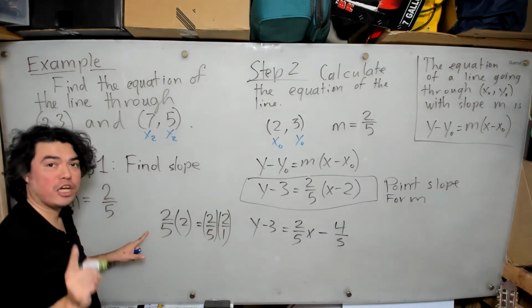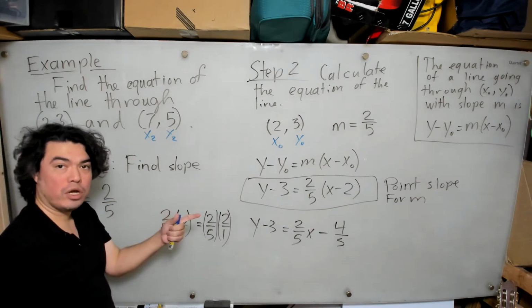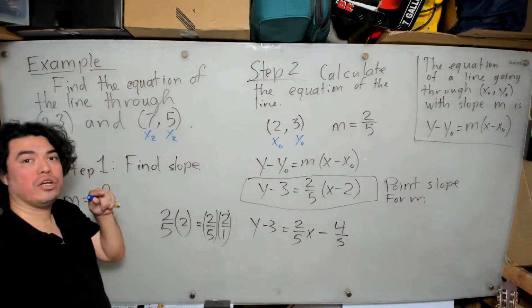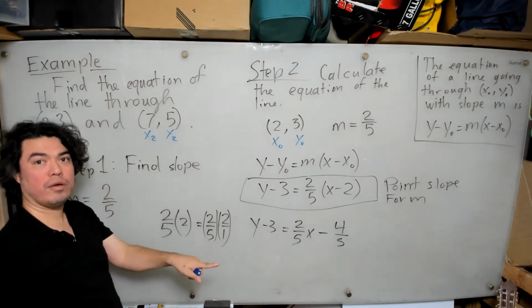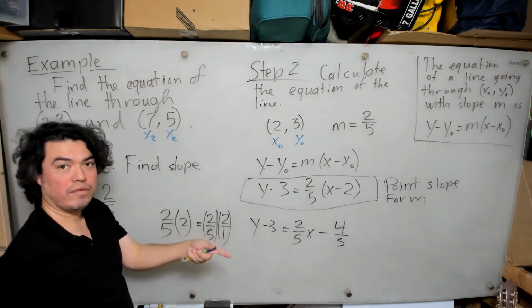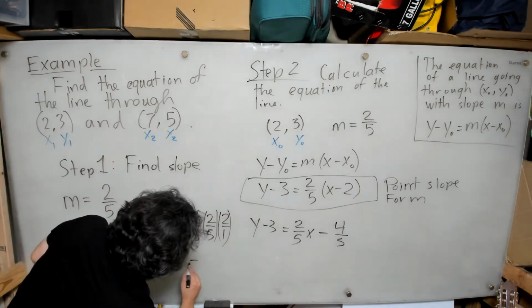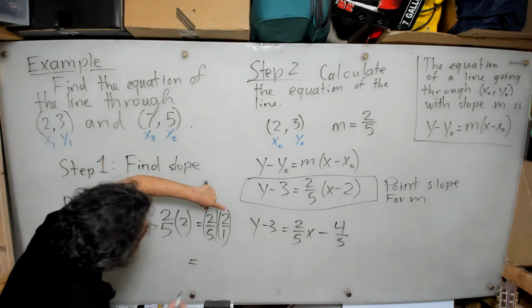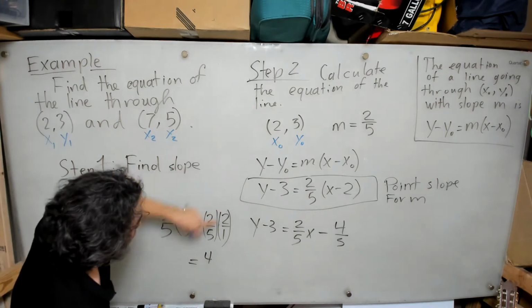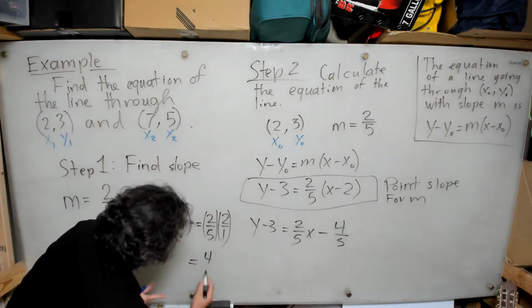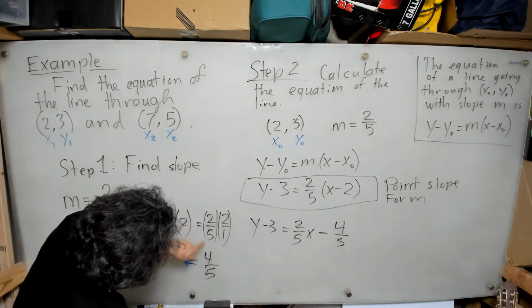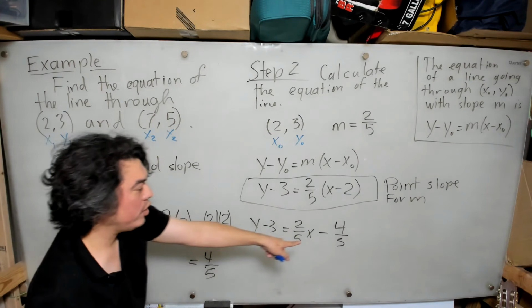Now when I multiply fractions, the numerator of the product is the product of the numerators of the factors, and the denominator of the product is the product of the denominators of the factors. That is to say that I'm going to multiply the numerators to get the numerator of the product, and multiply the denominators to get the denominator of the product. 2 times 2 is 4, 5 times 1 is 5. And that's why it's 4/5.